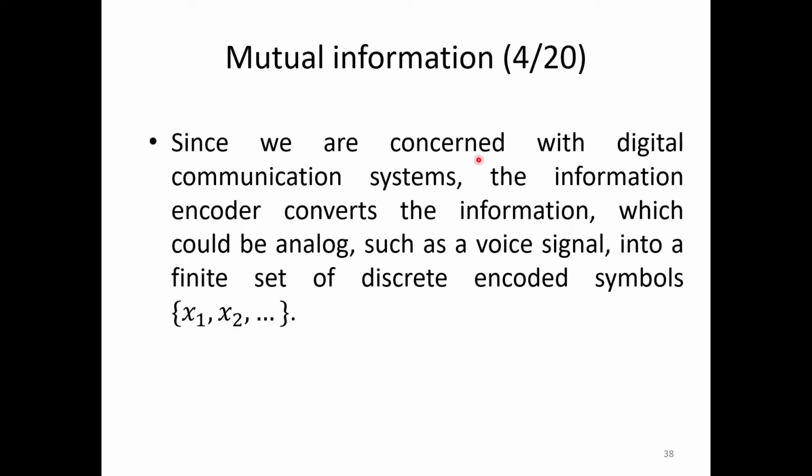Since we are concerned with digital communication systems, the information encoder converts the information, which could be analog, such as a voice signal, into a finite set of discrete encoded symbols, small x1, small x2, and so on.